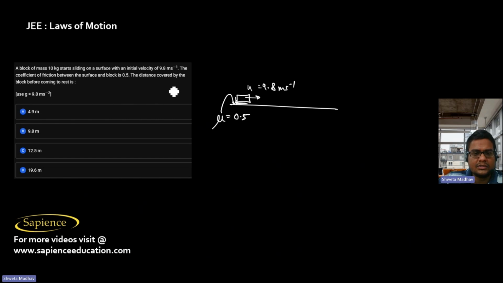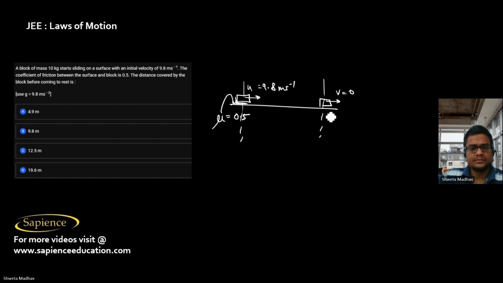The distance covered by the block before coming to rest. So before it comes to rest, it means that finally v equal to 0. Then how much distance it will cover, that is x, that we have to find out.